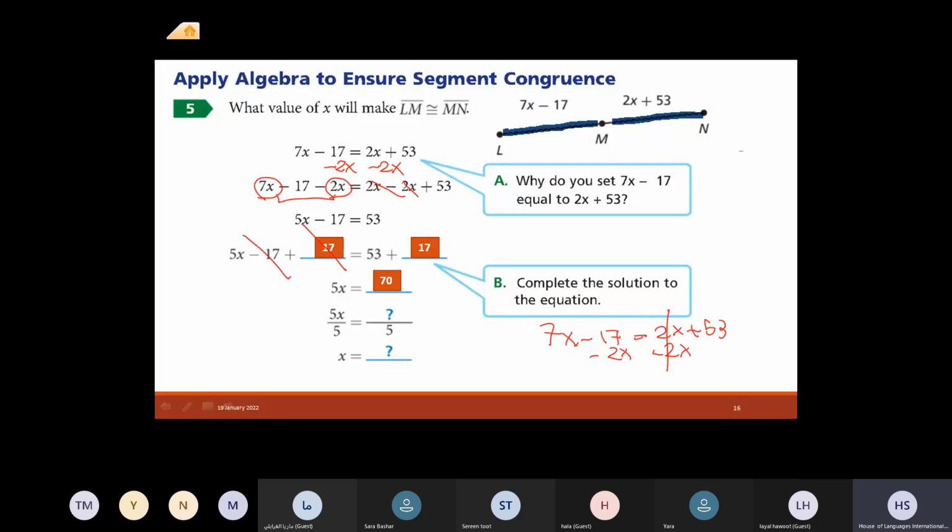You will add 17 to both sides, as I did here. After you add 53 with 17, you get 70. Then 5x equals 70. What do you have to do next? Divide by 5, because the coefficient of x is 5. 70 divided by 5.